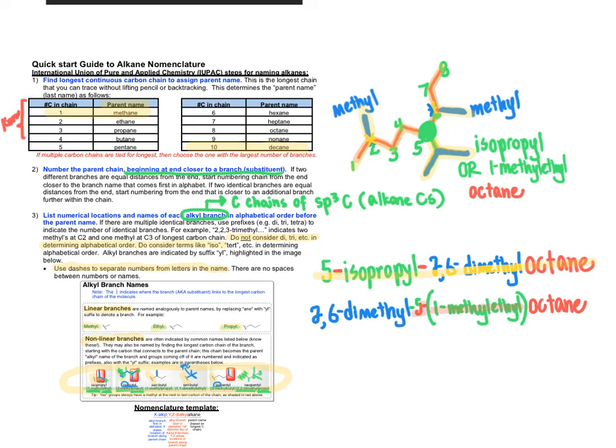So it's carbon number 5 of the longest carbon chain where you will find the 1-methyl ethyl branch located. So with that, we have 2 different ways that are both accurate ways of naming this organic molecule.